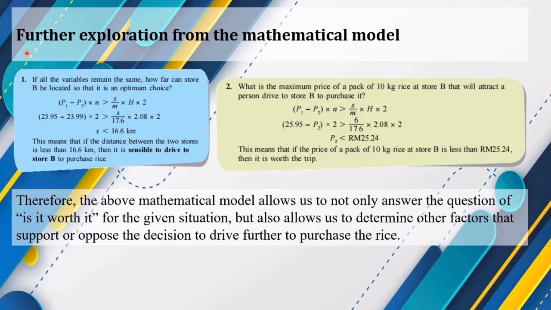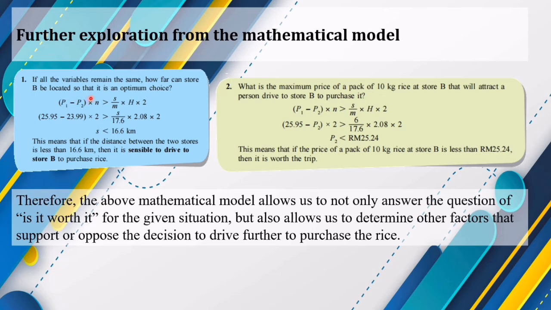From the constructed mathematical model, we can make further exploration. First, if all the variables remain the same, how far can store B be located so that it is an optimum choice? Optimum means the best or the most profitable.